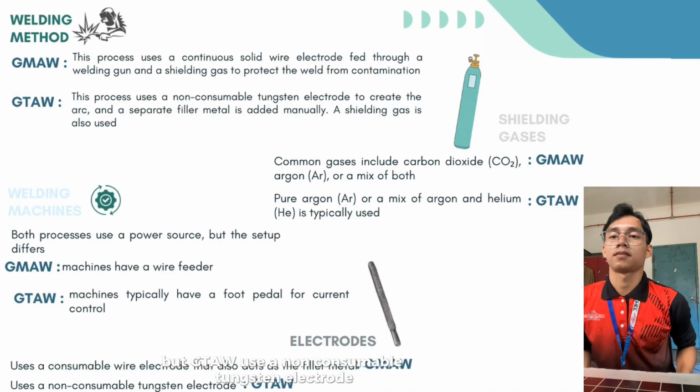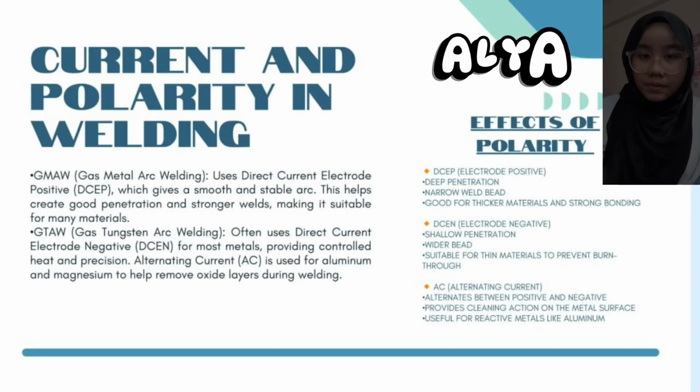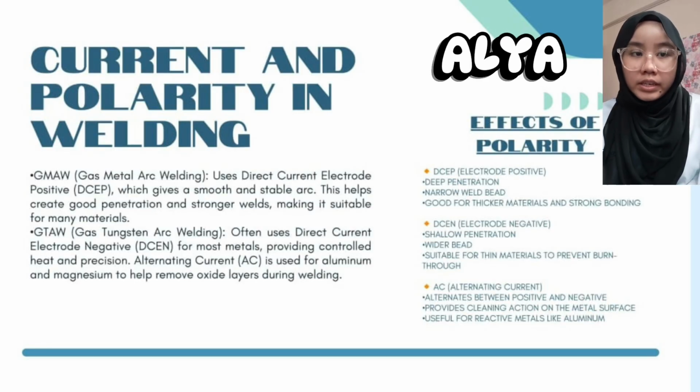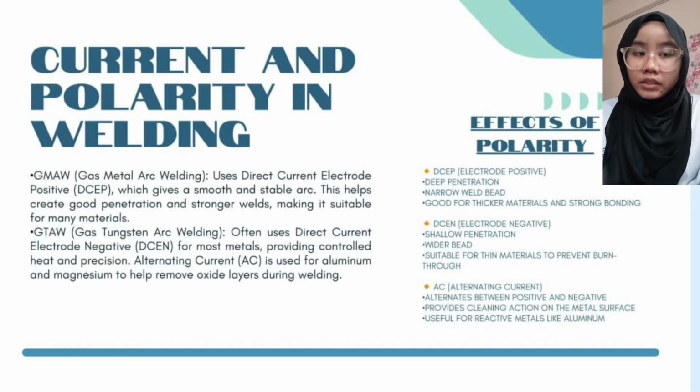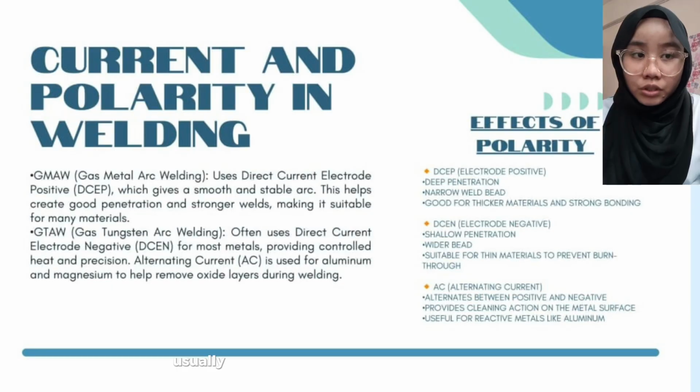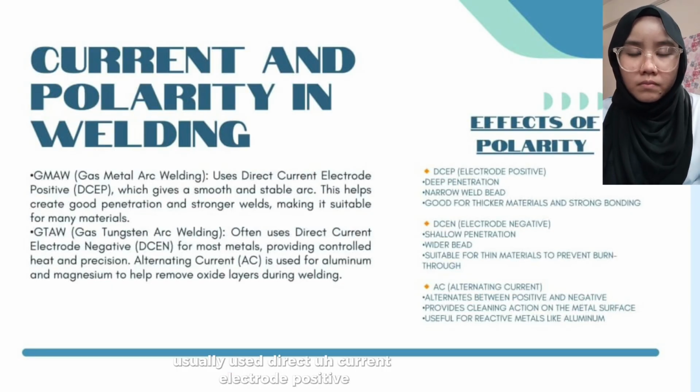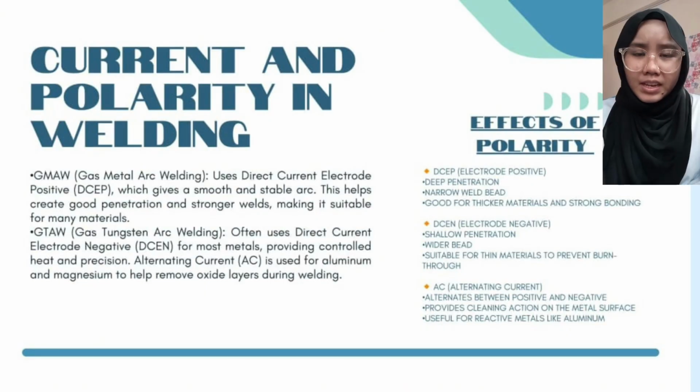tungsten electrode. Next, the types of current and polarity for gas metal arc welding and gas tungsten arc welding. Gas metal arc welding usually uses direct current electrode positive, called DCEP.